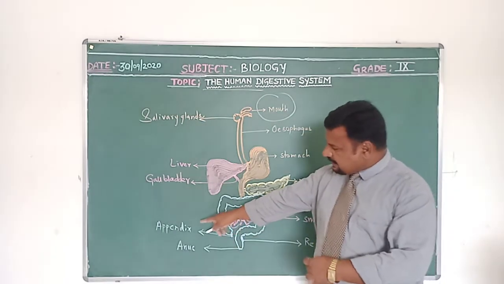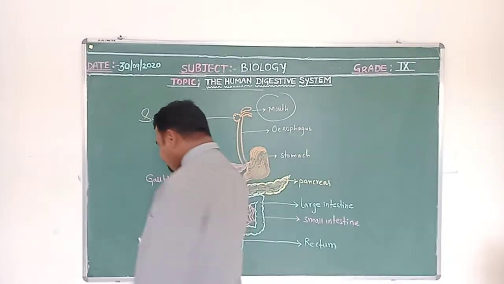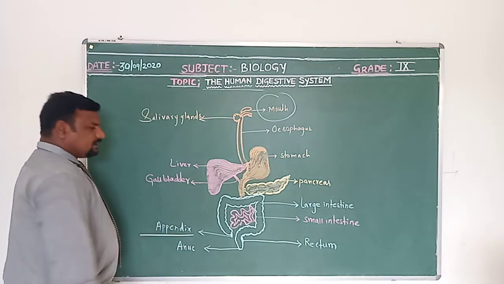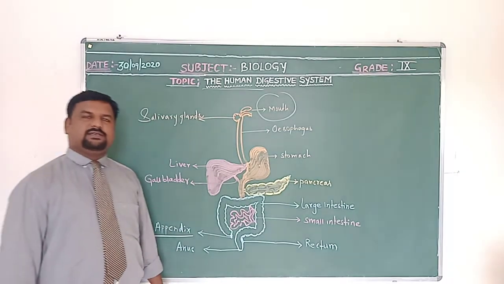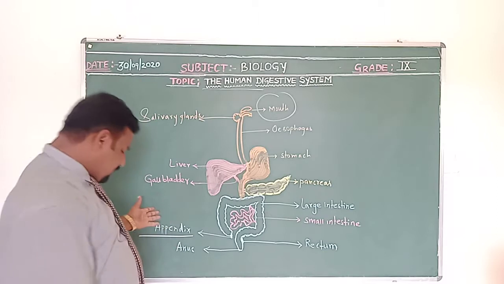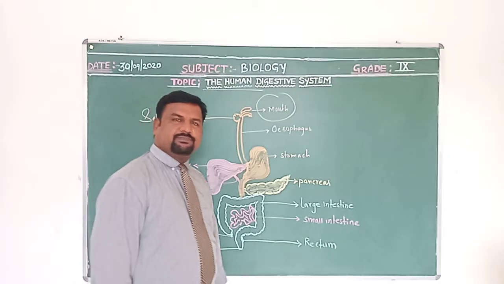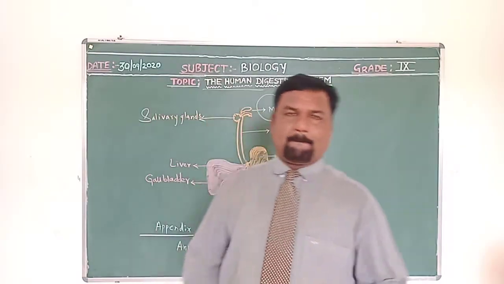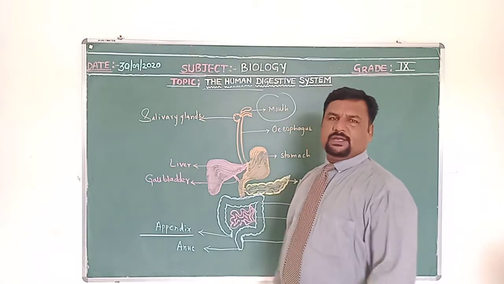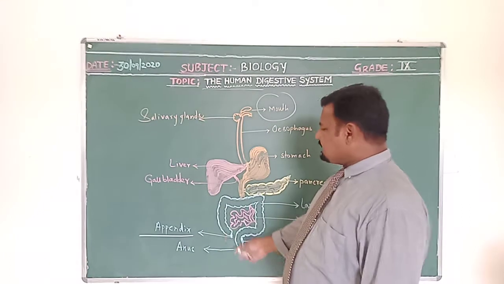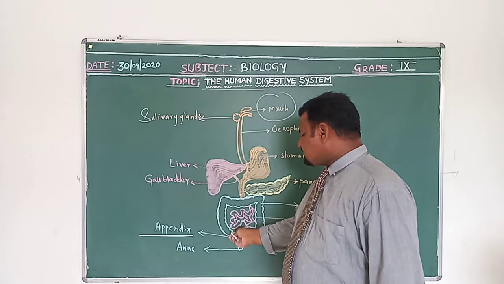There is an appendix, the vermiform appendix. This is considered a vestigial organ of our body. It has no specific function, though it is present at the end of the large intestine.